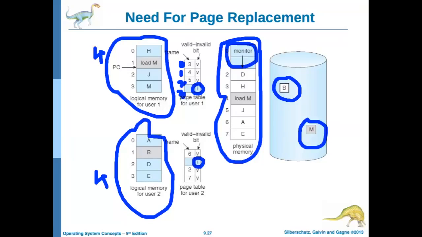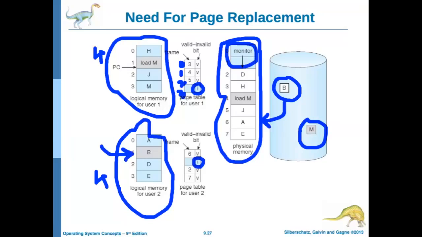Let us assume that we want to execute this part, B, page number 2 from process 2. That means we need to take this page B from the backing store to physical memory, right? But there is no free frame there. Whatever 8 frames are there, they are all full. So there is no free frame.